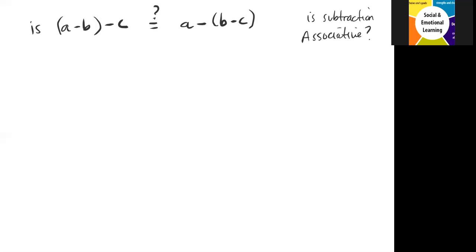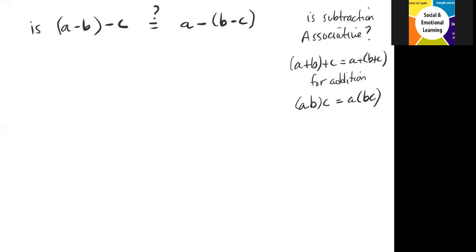And remember, for addition, the associative property said that A plus B plus C is equal to A plus B plus C. That's for addition. And for multiplication, A times B times C is equal to A times B times C for multiplication.